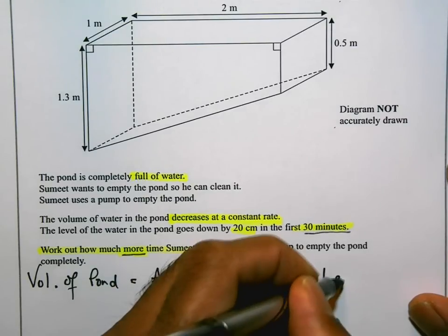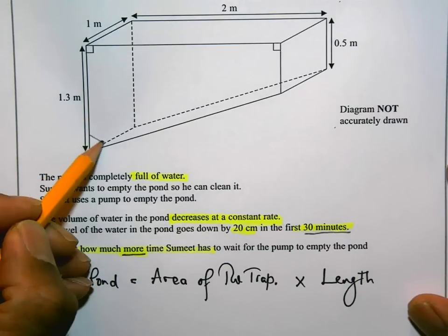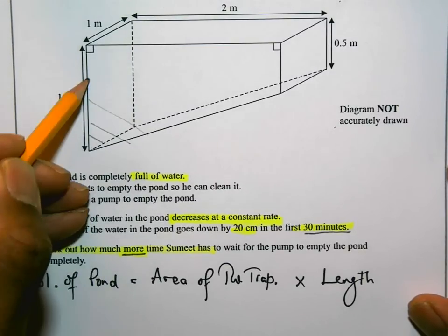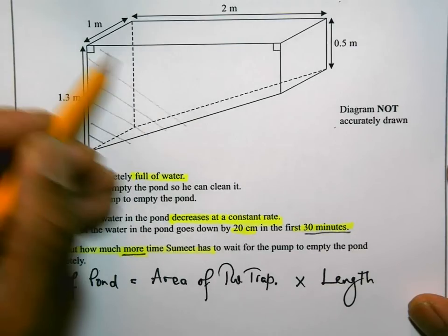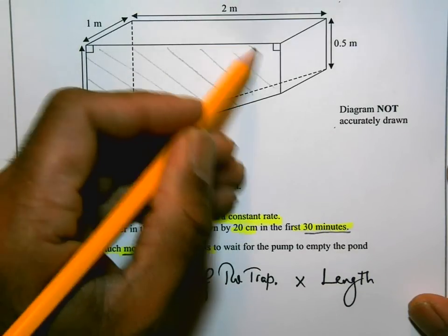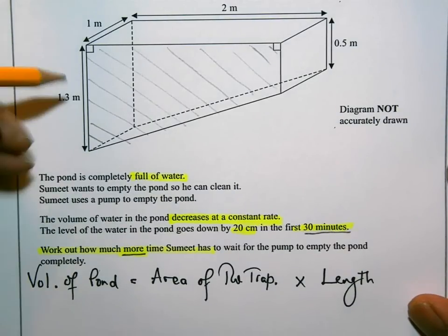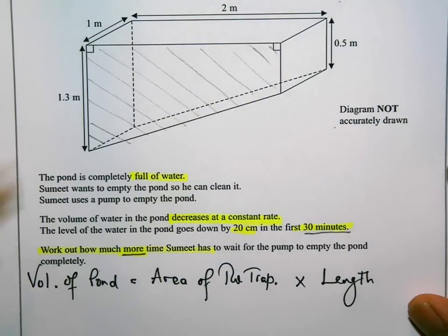Now, the area of the trapezium is the area of this front face here. To work out the area of the trapezium, you add the parallel sides, you times it by the distance between them, and you divide by 2.